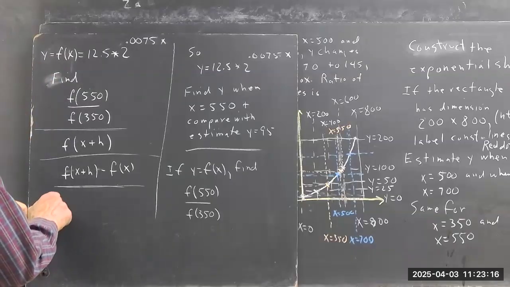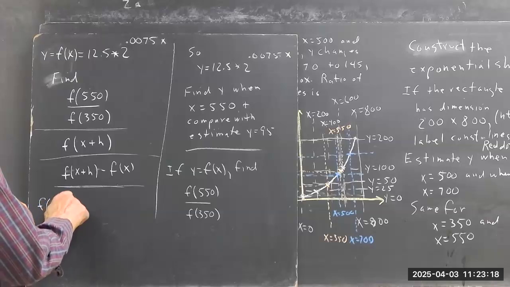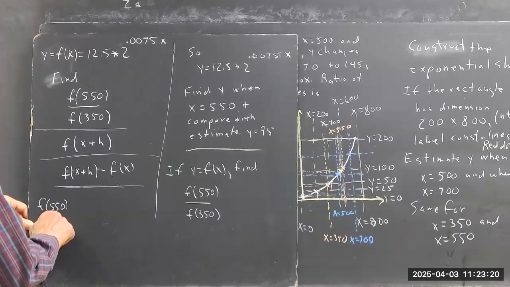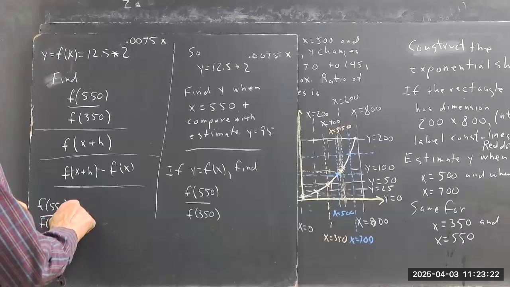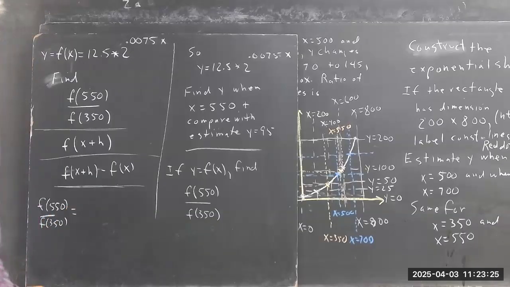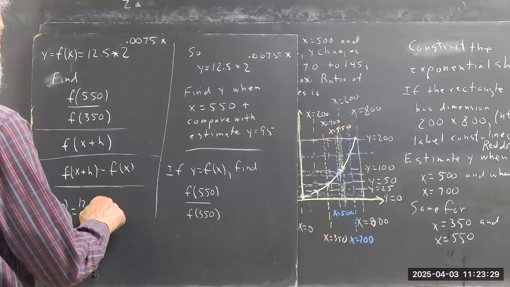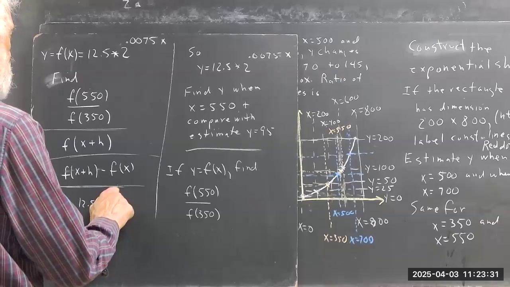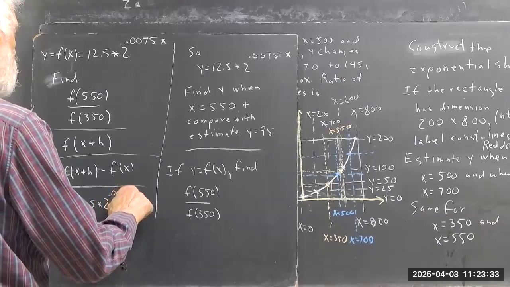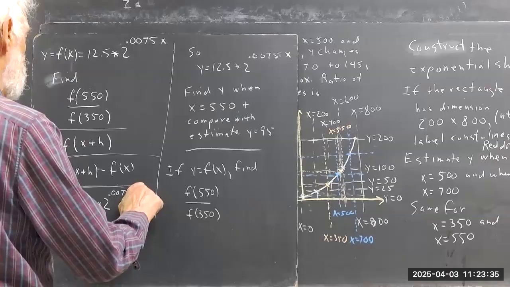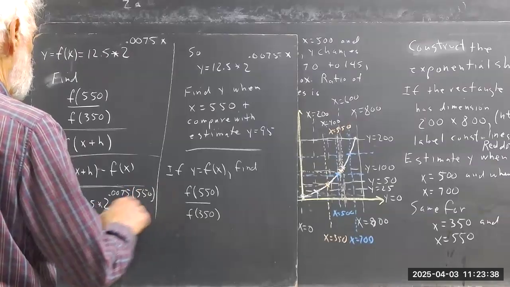Well, f of 550 over f of 350 is 12.5 times 2 to the 0.0075 times 550.